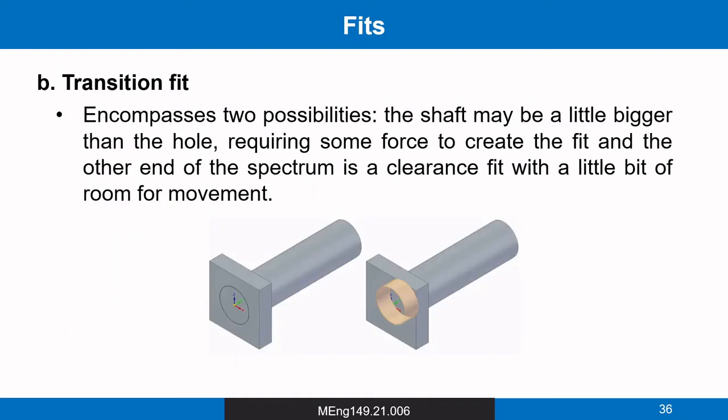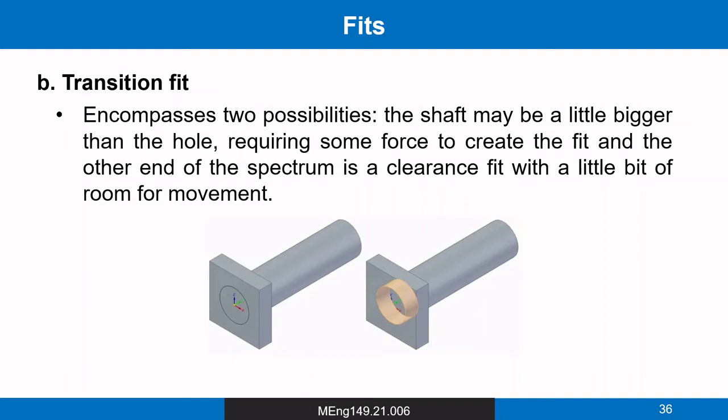So next, the category after the clearance fit is the transition fit. Okay, so this encompasses two possibilities. First is that the shaft may be a little bigger than the hole, thus requiring some force to create the fit, and the other end of the spectrum is a clearance fit with a little bit of room for movement.